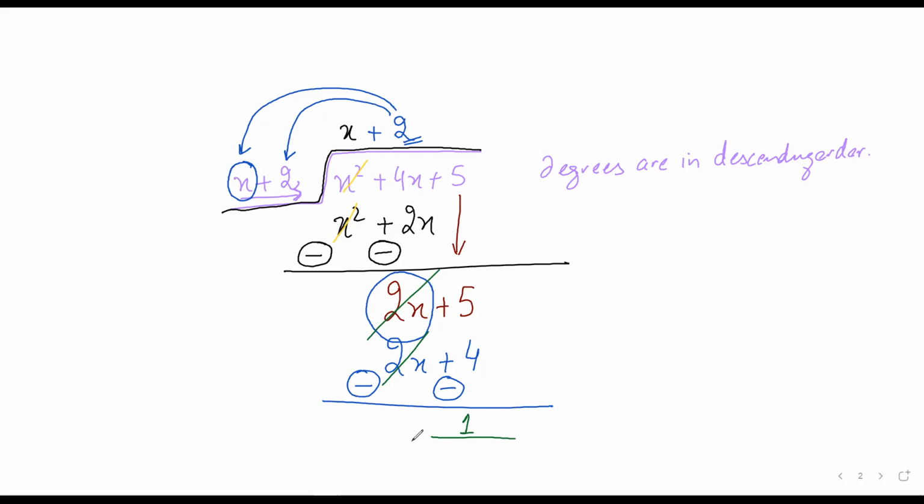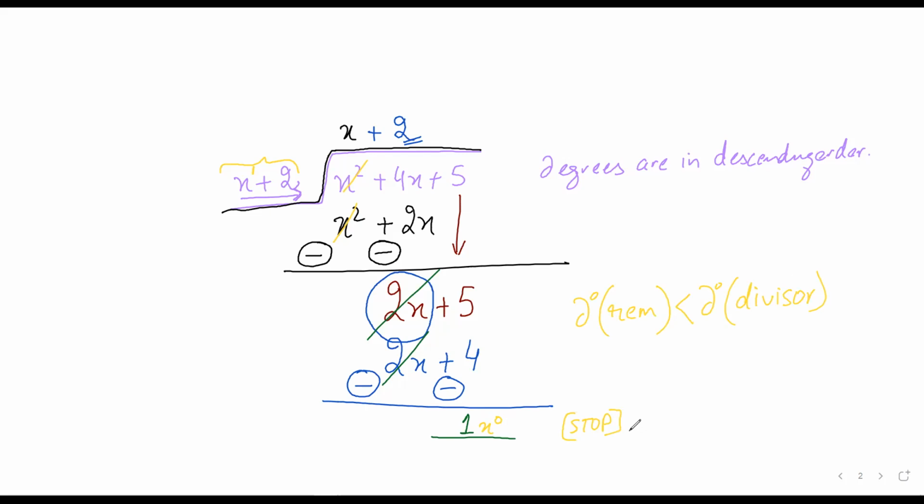Now, if you look carefully, see, the degree of this polynomial is 1. The degree of this polynomial is 0. Now, because the degree of the remainder is less than the degree of the divisor, the process stops. Mr. Sarthak, any doubt?